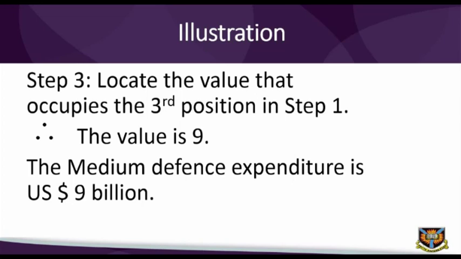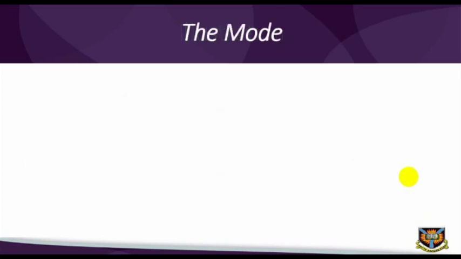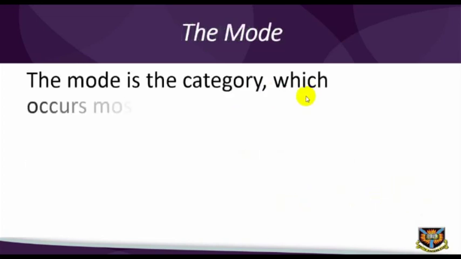Note that in order to locate the n plus 1 over 2th position in this case, we shall use the cumulative frequency column. See example 4.3 below for the calculation procedure. The mode. The mode is the category which occurs most frequently.